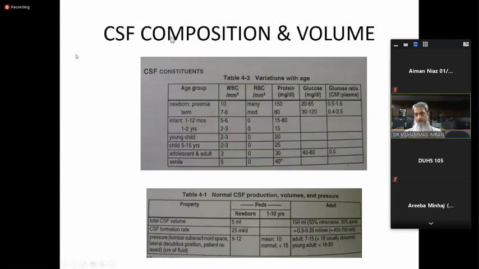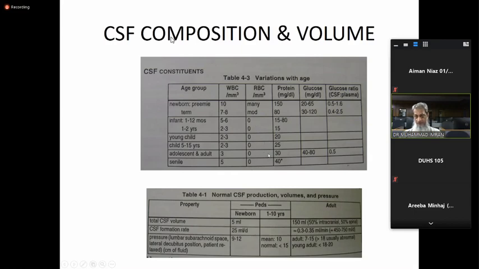So about the composition and volume. There is variable composition and volume according to the age of the patient. For example, in the newborn, the normal white cell count should be less than 10, whereas in adults it should be less than 5. RBCs are usually 0.